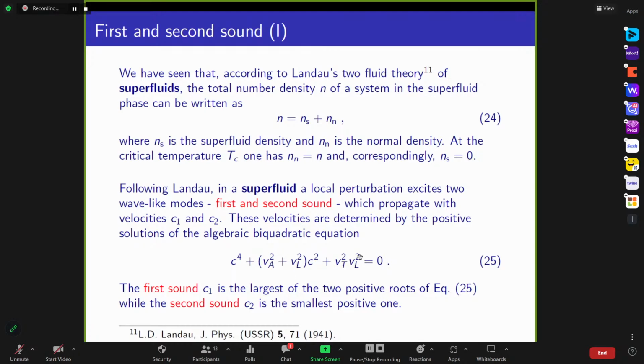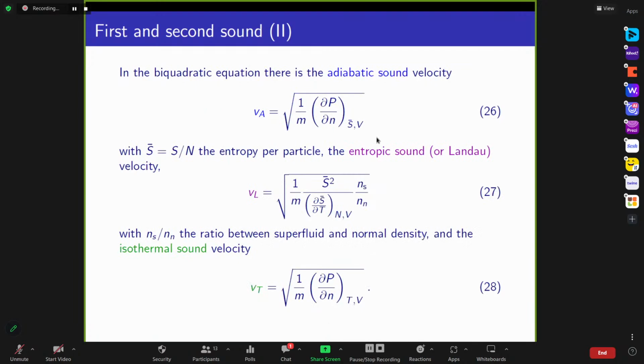VA is the so-called adiabatic velocity, which is related to the partial derivative of the pressure of your uniform and equilibrium system with respect to the density, calculated at fixed entropy and volume. That is equation 26. However, you have also the so-called entropic sound or Landau velocity, which is given by equation 27.